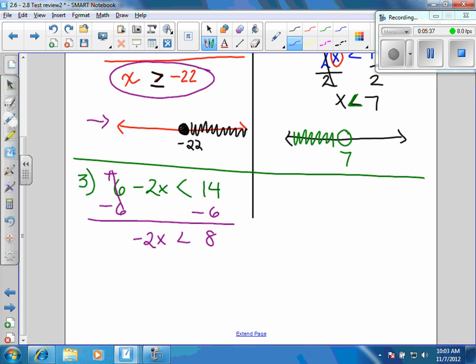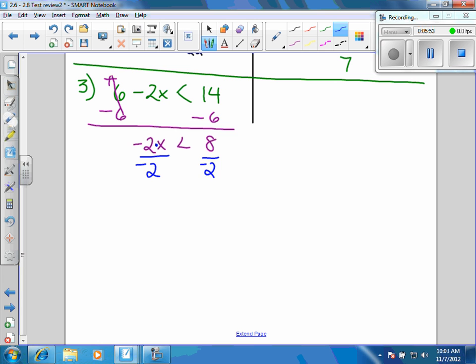Correct. So the operation here is divide. So you do the opposite, but you're dividing by a negative, which remember is a shortcut. We'll talk about why that shortcut works in a minute. So this is x, but when we divide by a negative, we flip the sign, and we get a negative 4.